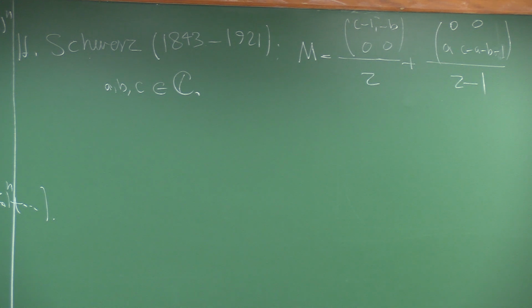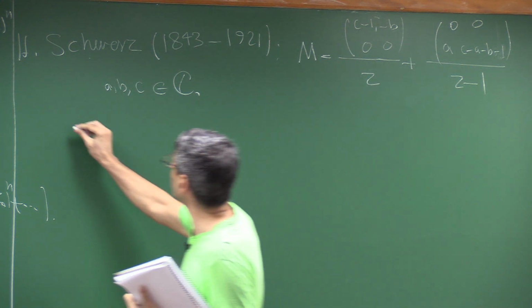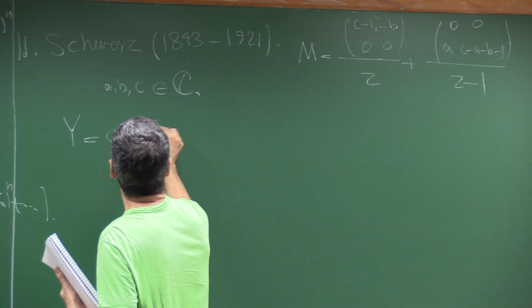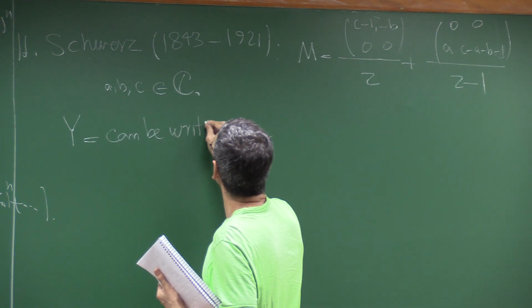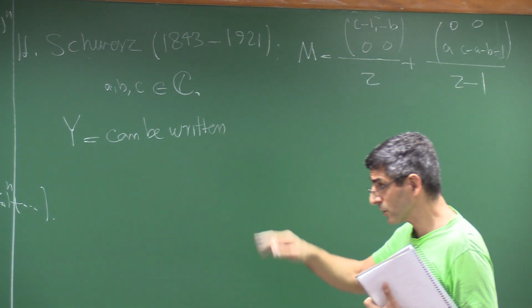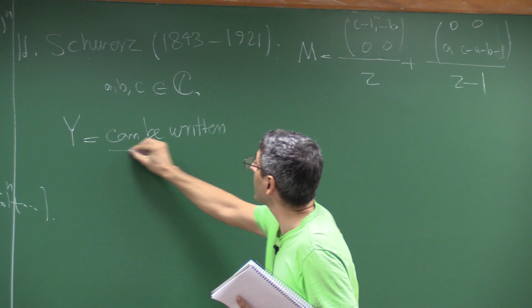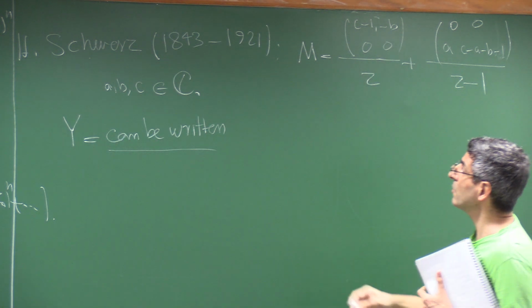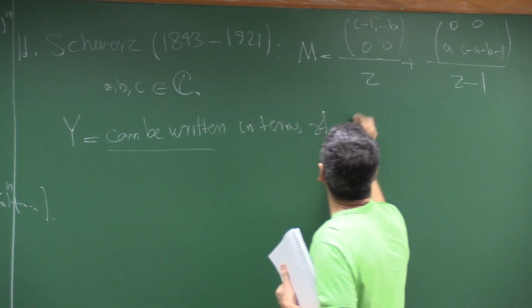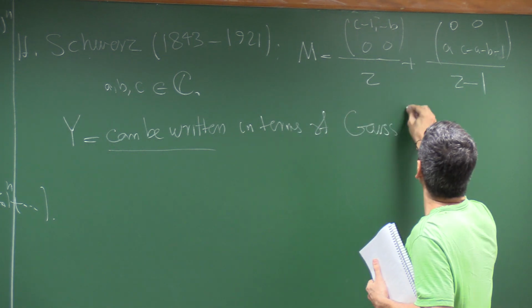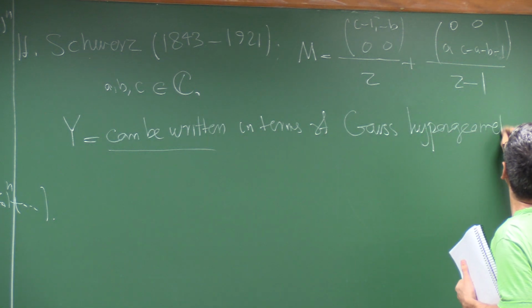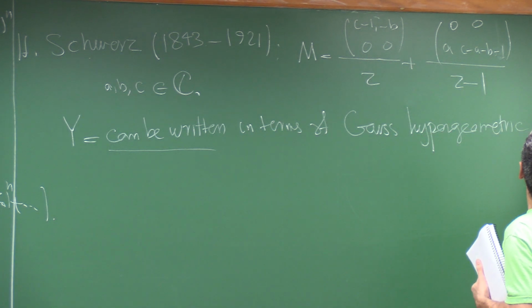Anyway, in this case I will not write the exact formula. Y has 4 entries, and they can be written in terms of the Gauss hypergeometric function.